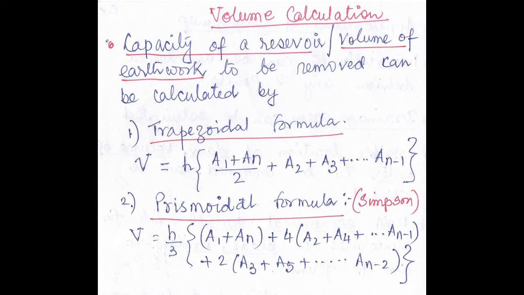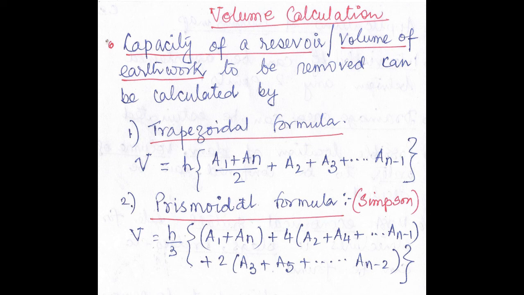Prismoidal formula: capital V equals H by 3 within bracket, A1 plus AN, bracket close, plus 4 times A2 plus A4 plus ... AN minus 1, plus 2 times within bracket A3 plus A5 plus ... AN minus 2, bracket close.